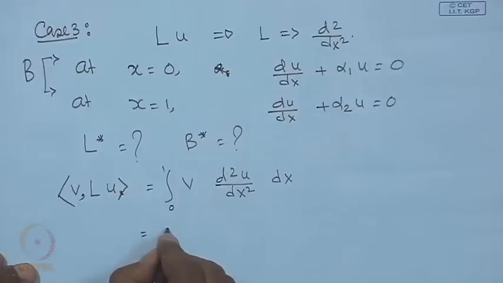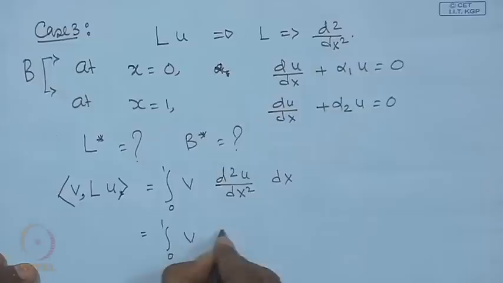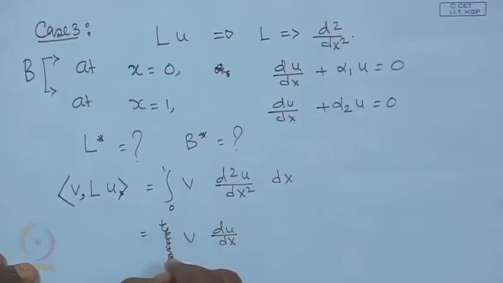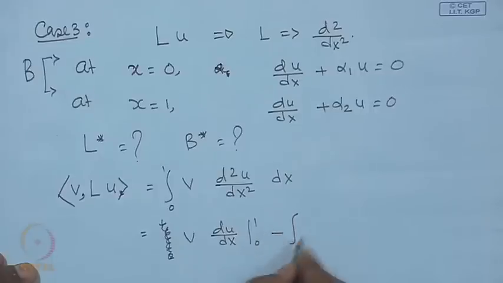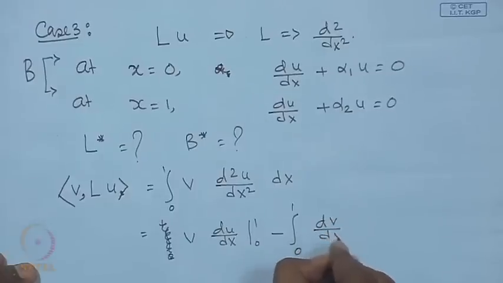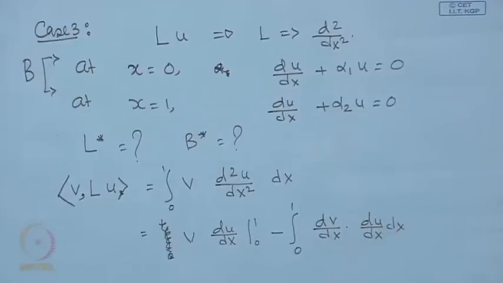This will be the first function times the integral of the second function from 0 to 1, minus the integration from 0 to 1 of the differential of the first function, dv/dx, times the integral of the second function, du/dx, dx.